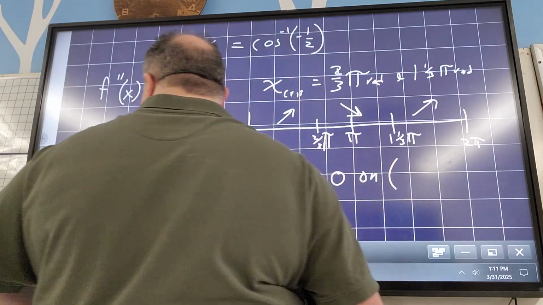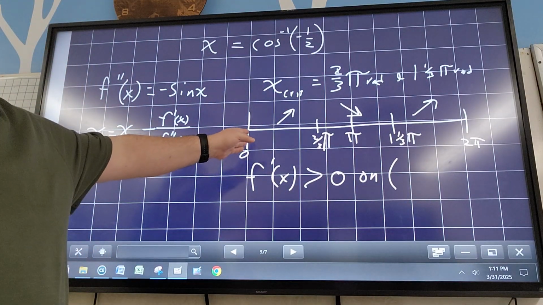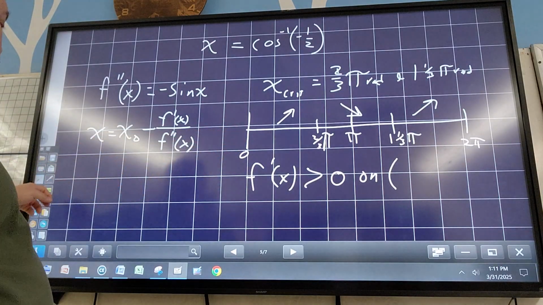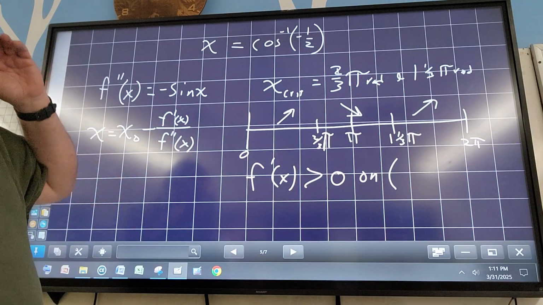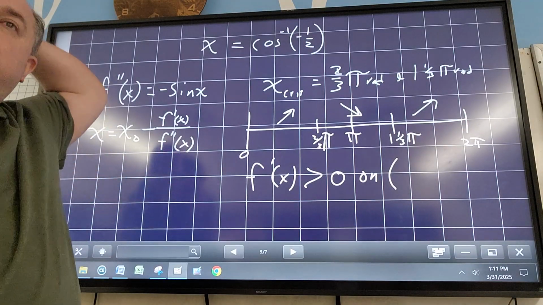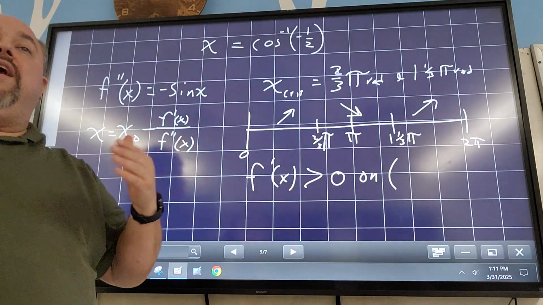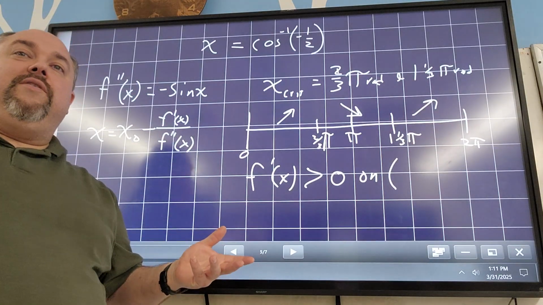No, I haven't. Well, actually, okay, so is 0 included or not? Is it going up at 0? Yes, it is, before and after. So 0 is a critical point only in that it's the edge of your graph. But is the derivative 0 there?